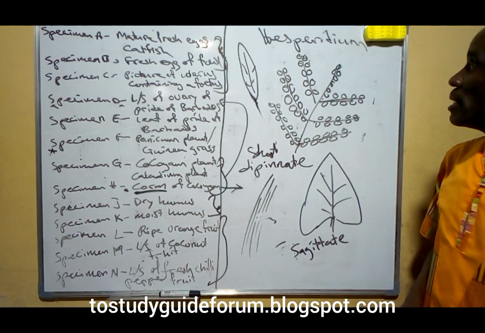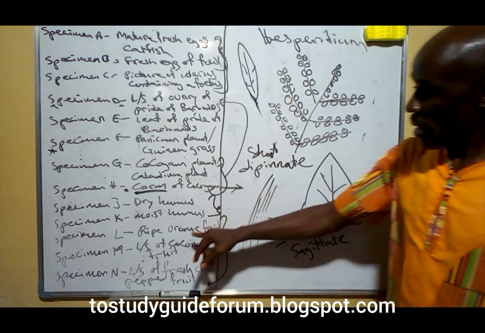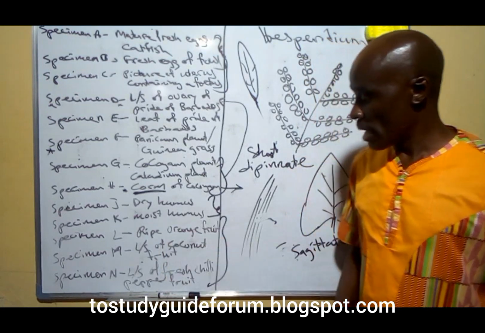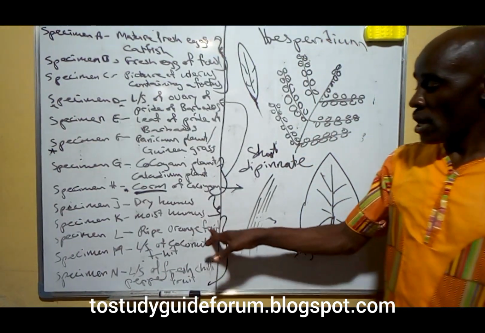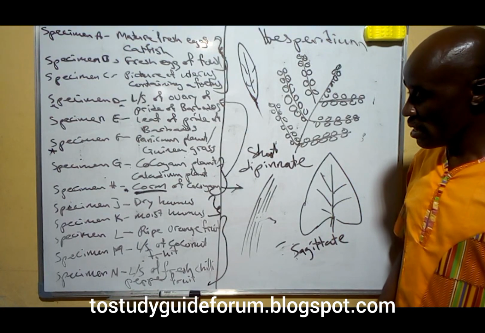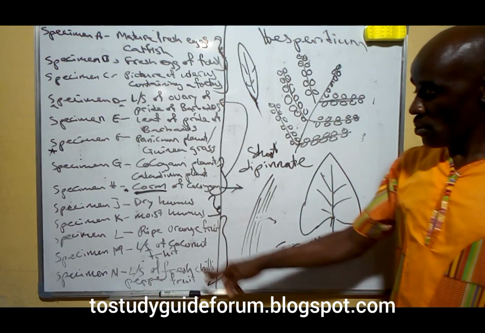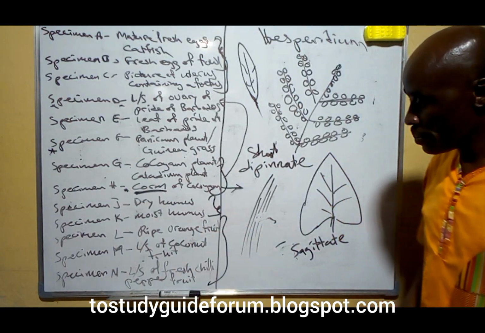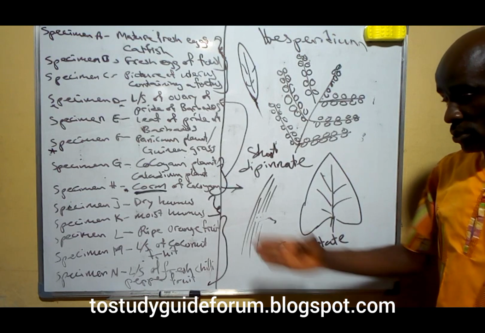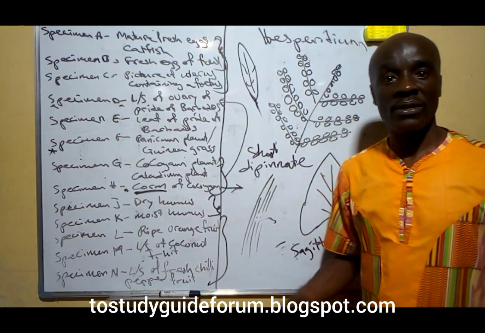So in this case, you are likely to expect something like that. Another thing we are expecting here is that you can also test for glucose or sugar. What we have there is fructose, which is another form of glucose.